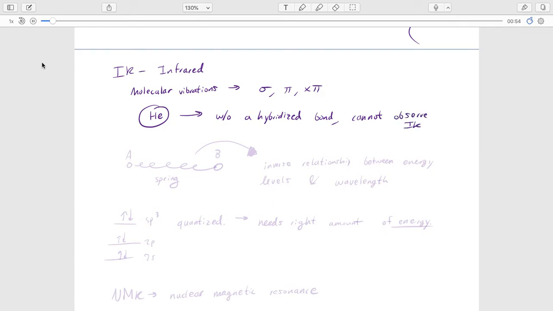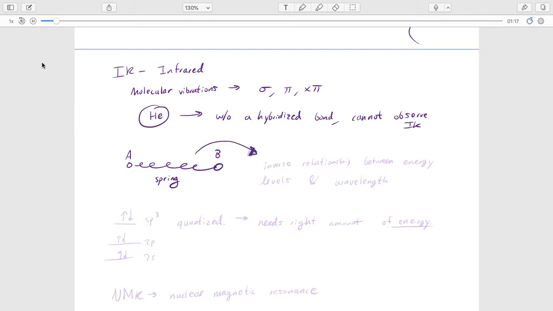So the way to think about it is we've got, say, atom A connected to atom B via a spring, and depending on how tightly we pull that spring or how much energy we pulse it with, that's going to be its vibration.